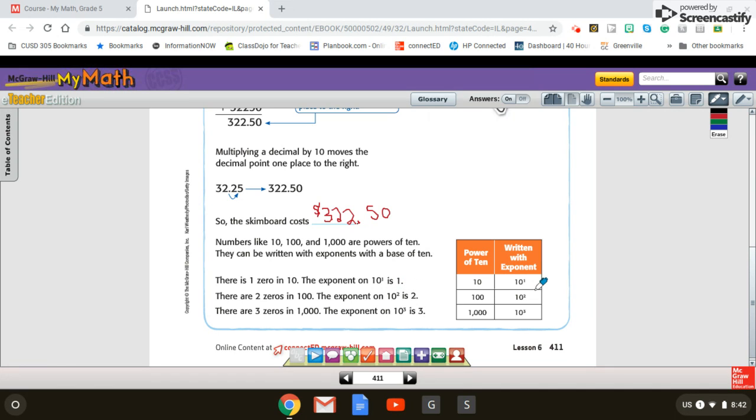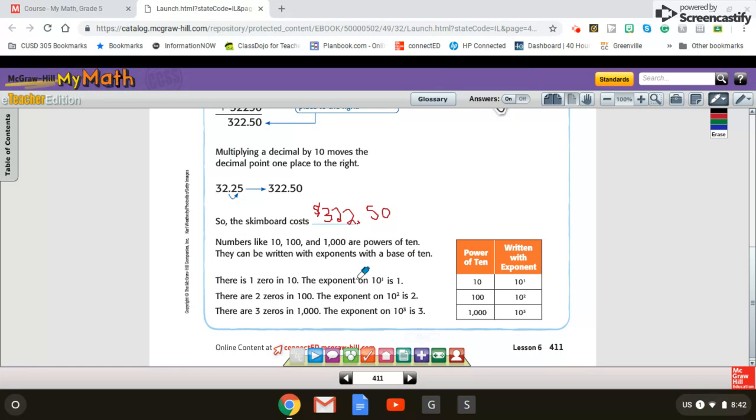There are 3 zeros in 1,000, so the exponent on 10 cubed, or 10 to the third power, is 3. So 3 zeros, exponent of 3. 2 zeros, exponent of 2. 1 zero, exponent of 1. Those are the powers of 10.